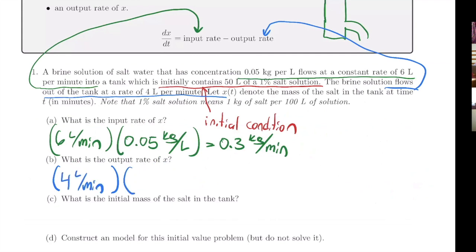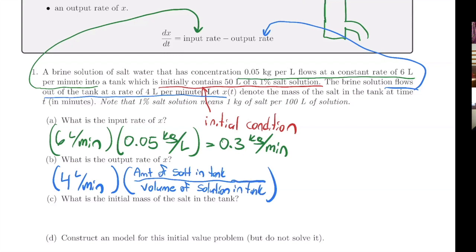And now here's the tricky part, since this was the one bit of information that's changing. This wasn't explicitly given to us, but what we should have here would be what is the concentration flowing out of the tank? So the way that we can think about this, we could think about this as how much salt is in the tank divided by what is the volume overall of the solution in the tank.